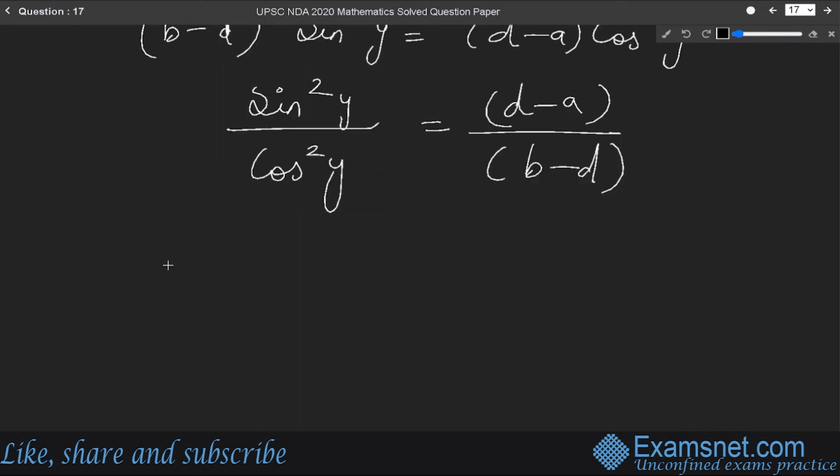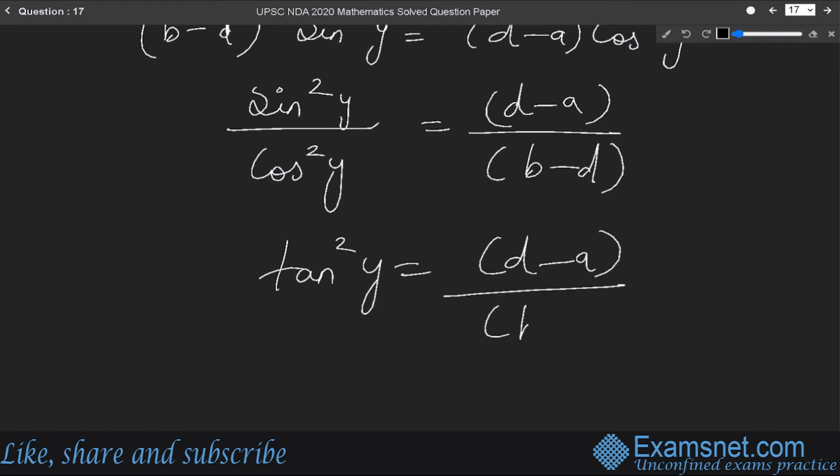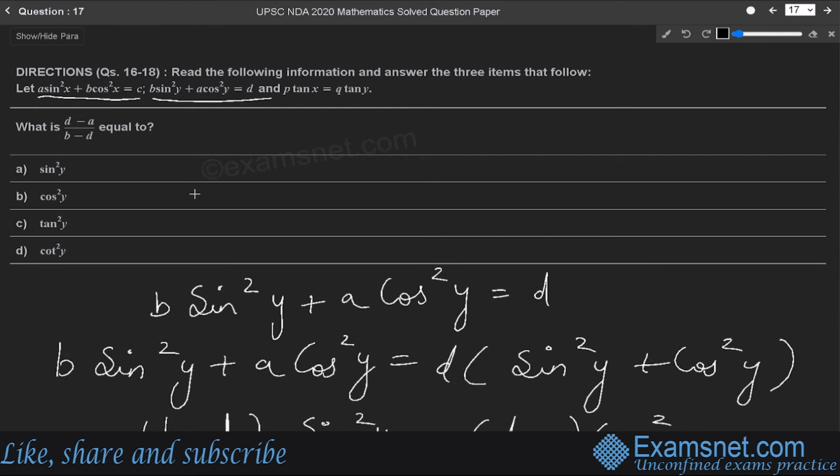Now again sin square y upon cos square y is tan square y. Therefore tan square y is equal to d minus a upon b minus d. And in the question we have to find the value of d minus a upon b minus d. So the value is tan square y. This type of question is very simple when the directions for three questions are the same.